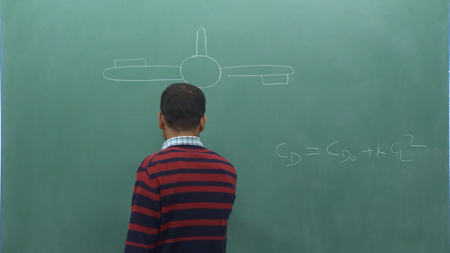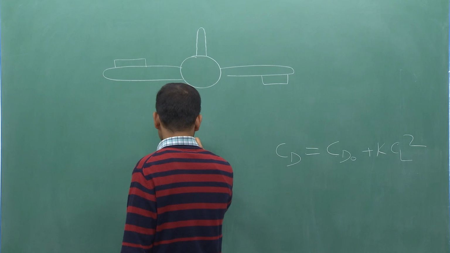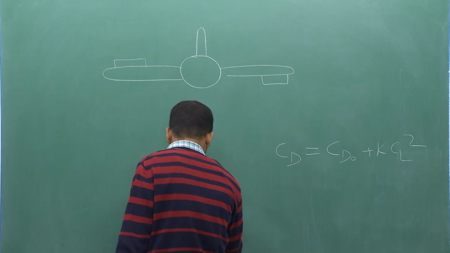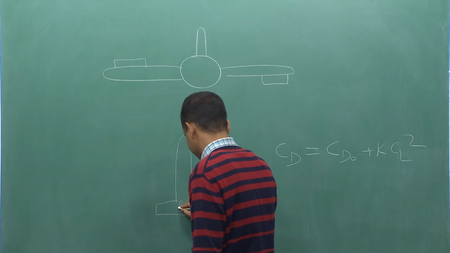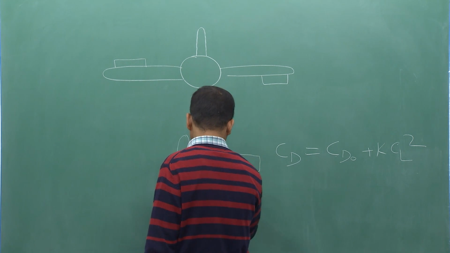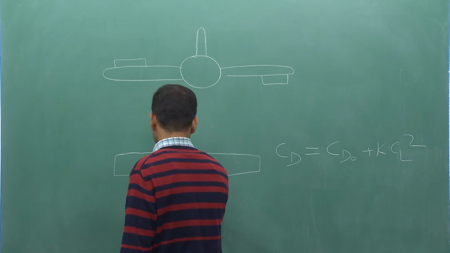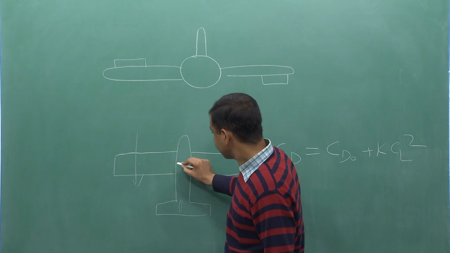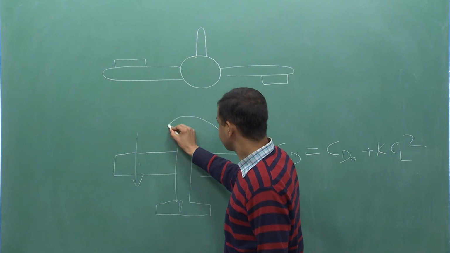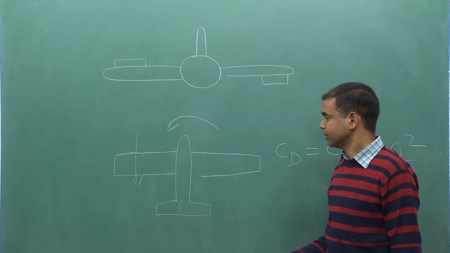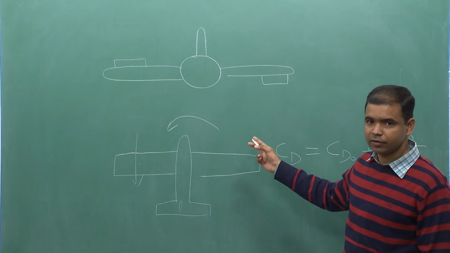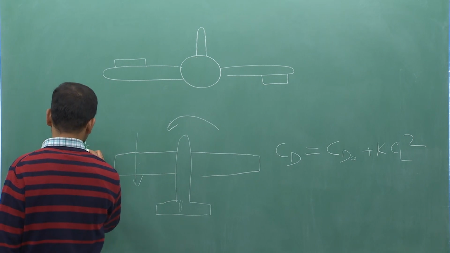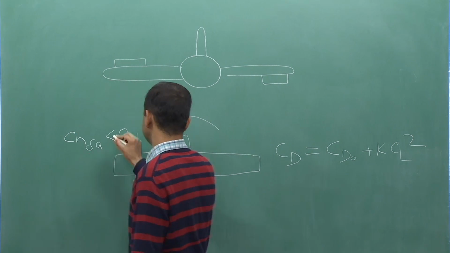If I see the top view of the aircraft, on this wing there is more drag, and this will try to yaw the aircraft with some negative magnitude. That is why for the positive deflection of aileron we are getting a negative value of yaw. So, Cn delta a will be negative.